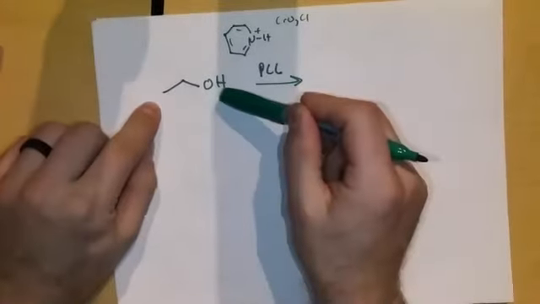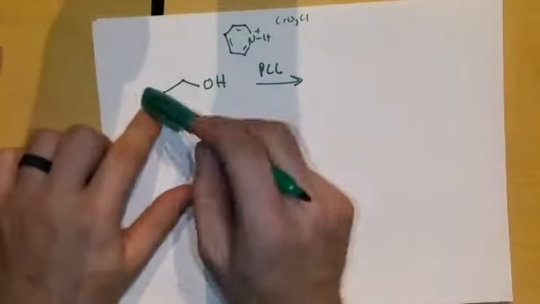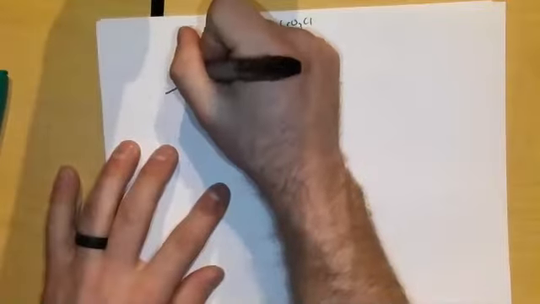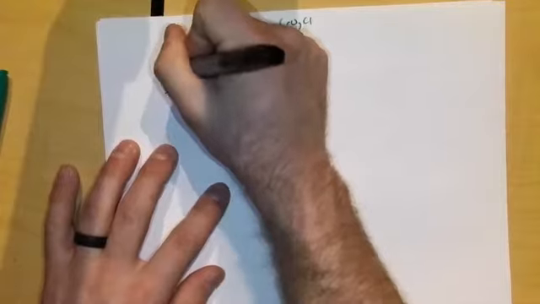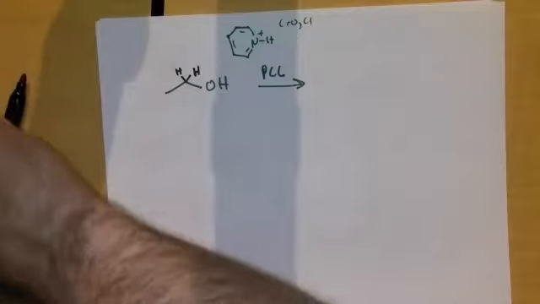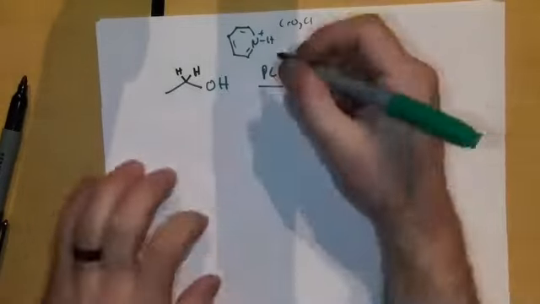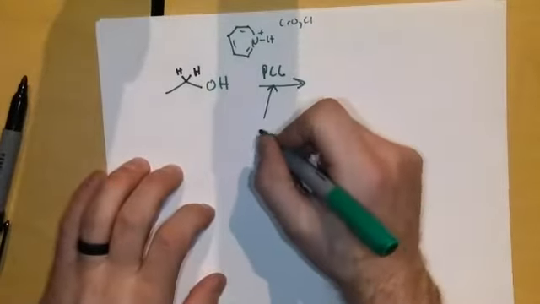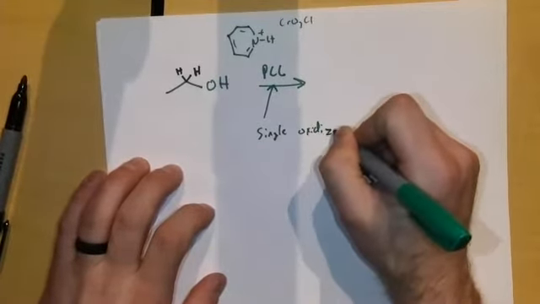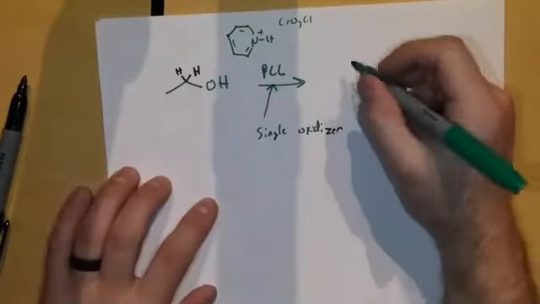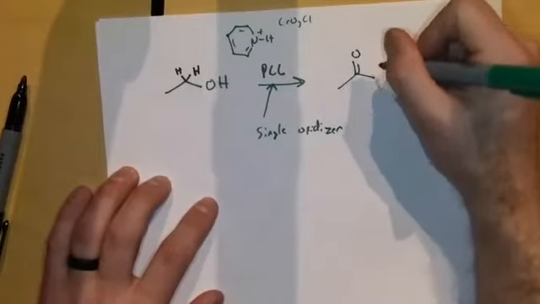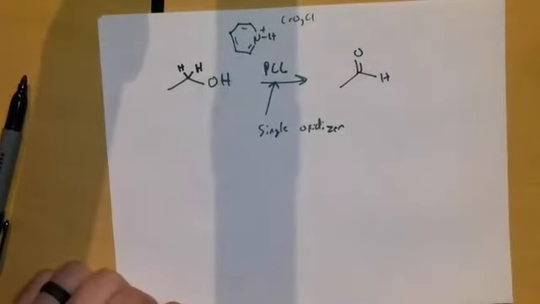So if we take a primary alcohol like this one, there are two hydrogens on this primary alcohol. PCC is a single oxidizer, so this is just going to push us to our next oxidation state, which would be an aldehyde here.